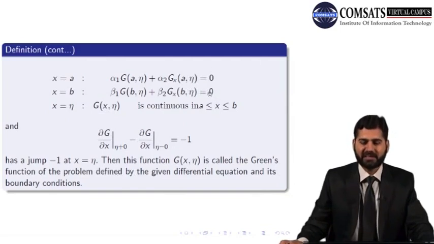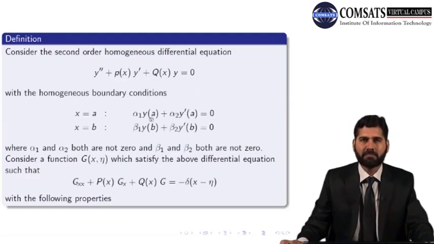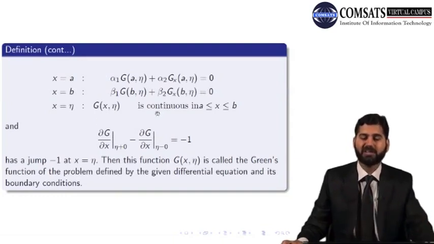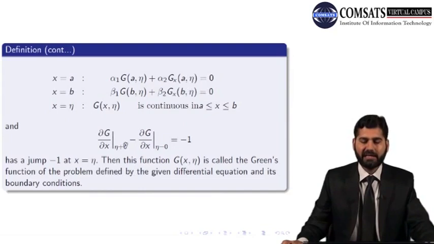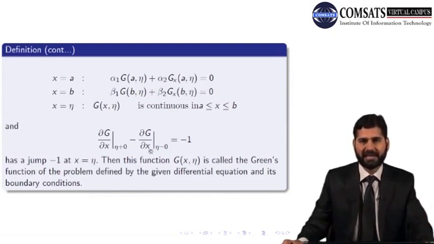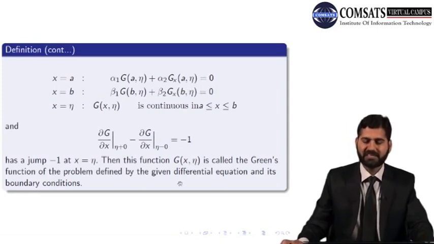It will satisfy the conditions given by the problem, which are the homogeneous boundary conditions, but Green's function also has the property that g itself should be continuous from a to b, and the derivative of g should have a jump at x is equal to eta, where eta lies between a and b. Then this function is called the Green's function of the problem defined by the given differential equation and its boundary condition.